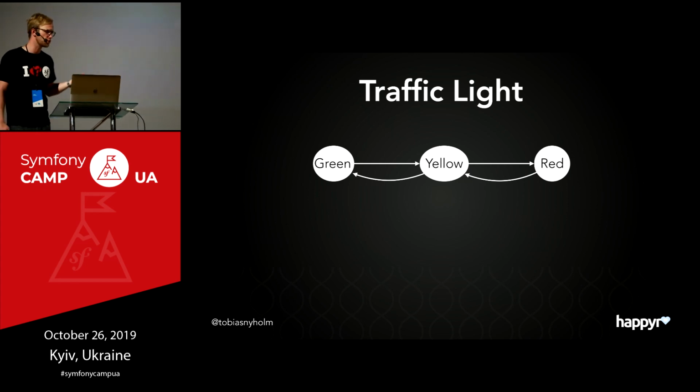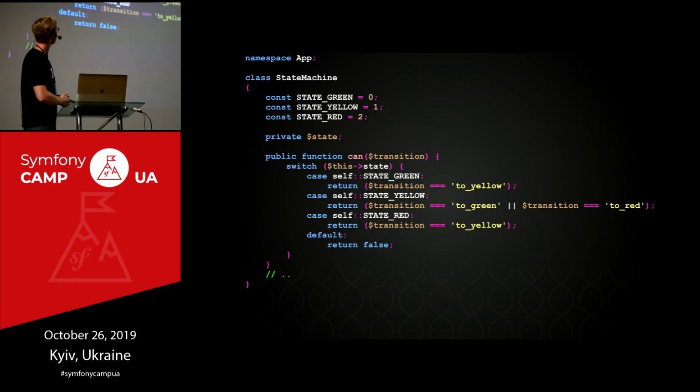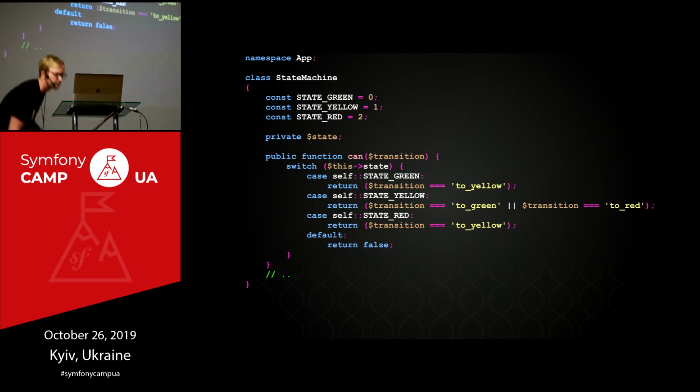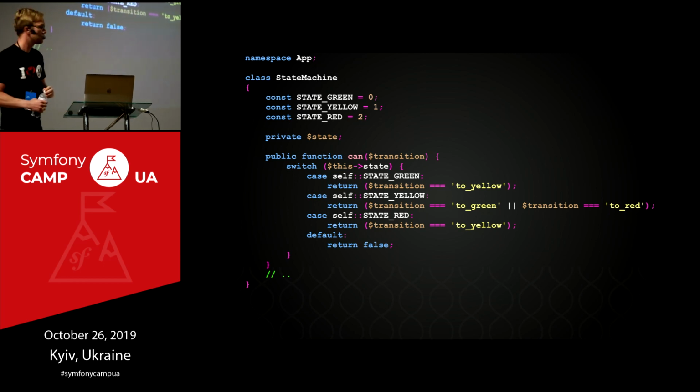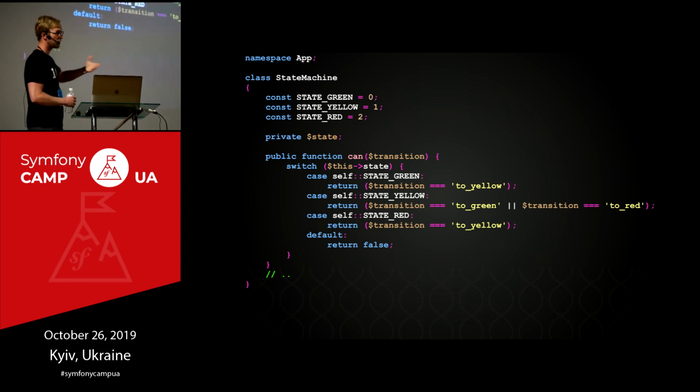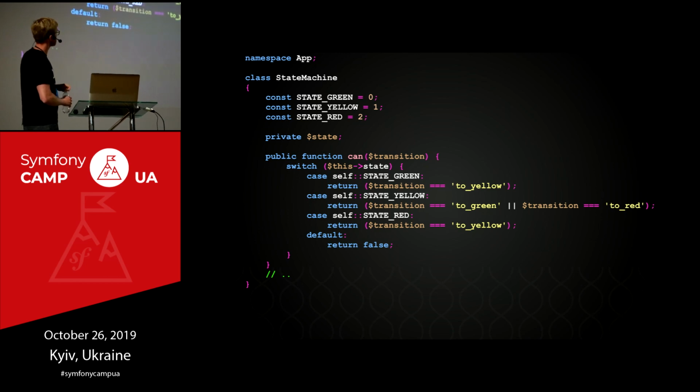So what I would do, I would start using my state machine class, and I would write something like this. I define my states, and I define a can function. Like, can I do this transition? And then I just have a switch statement.